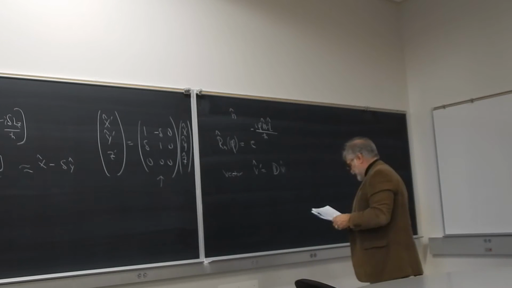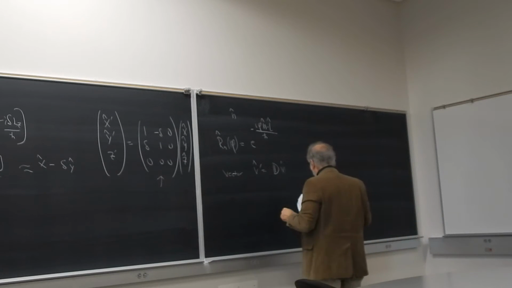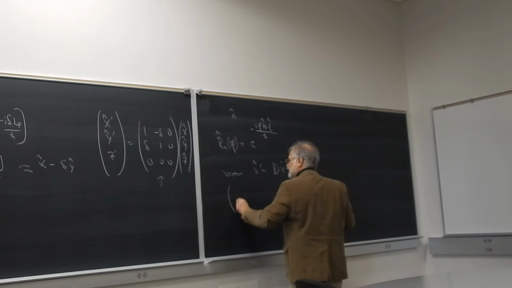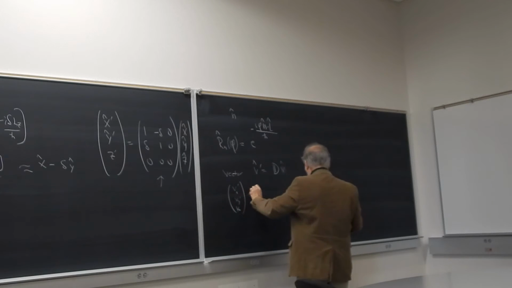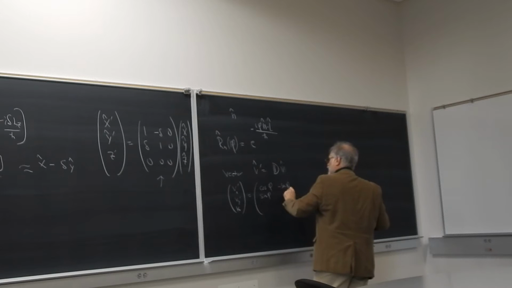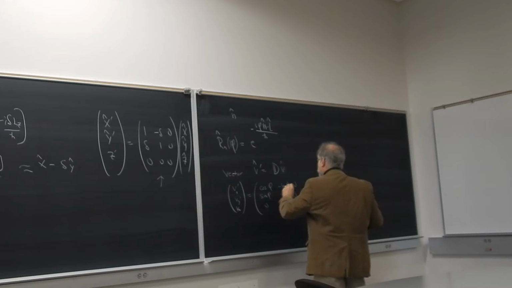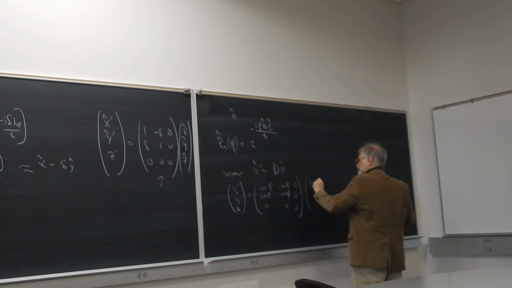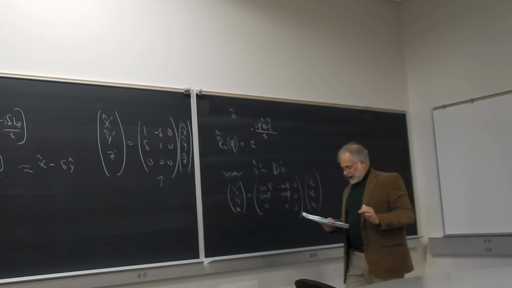So in that case, rotations about the z-axis for any arbitrary vector Vx prime, Vy prime, Vz prime, result from a rotation matrix that looks like cosine phi, sine phi, minus sine phi, cosine phi, and zero everywhere else, times my initial vector Vx, Vy, Vz. So this is how we define a vector operator.